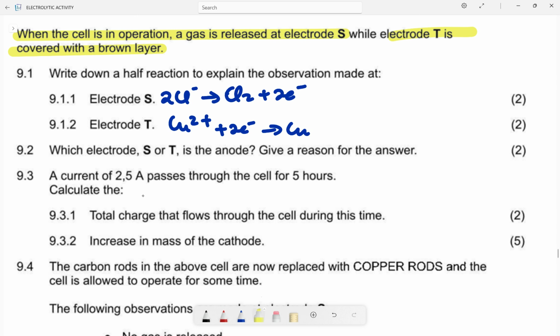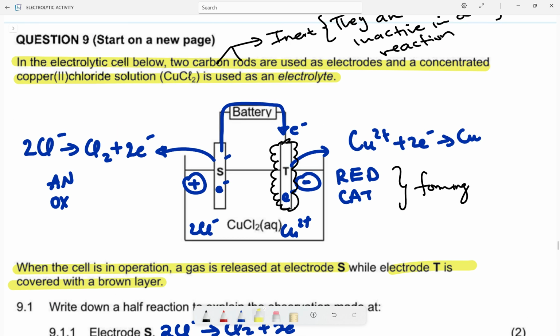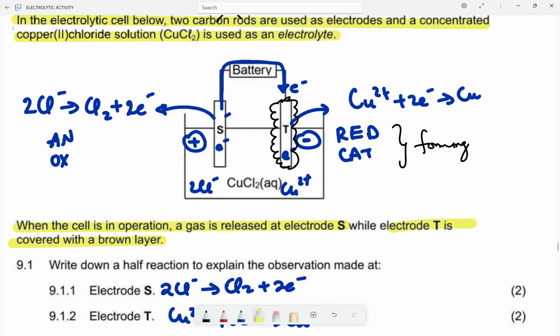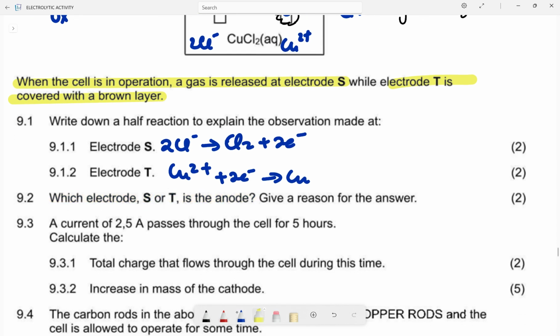Which electrode, S or T, is an anode? Okay, guys, we have already mentioned the anode, so it's going to be electrode S. Why?